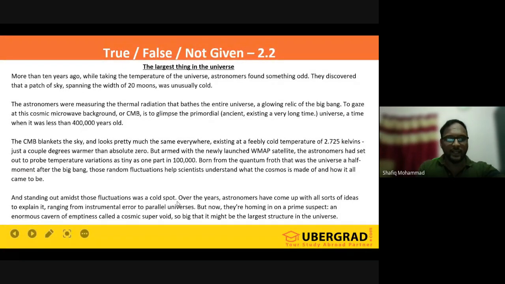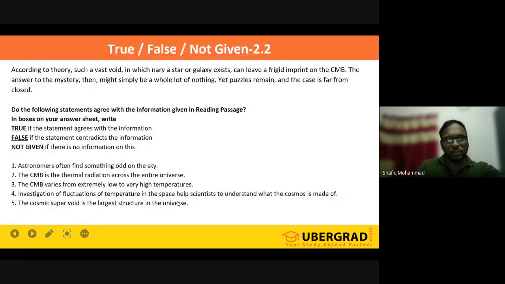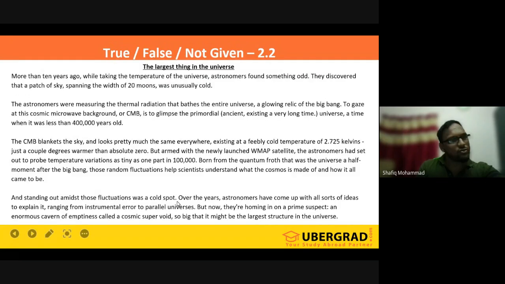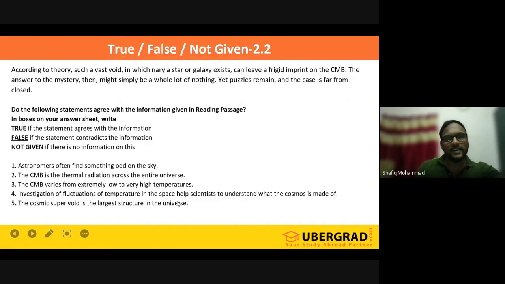Okay. Yes. The cosmic supervoid is the largest structure in the universe. So most of you have given true. Some also have given not given. I'm just checking the messages which I've got. Okay, it should be not given, guys. Why is it not given? Whether it is the largest or not, we don't know.